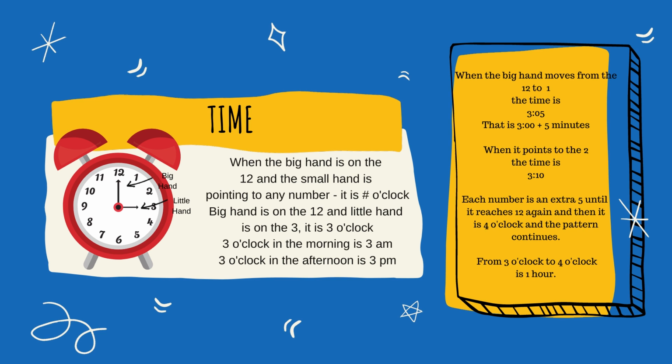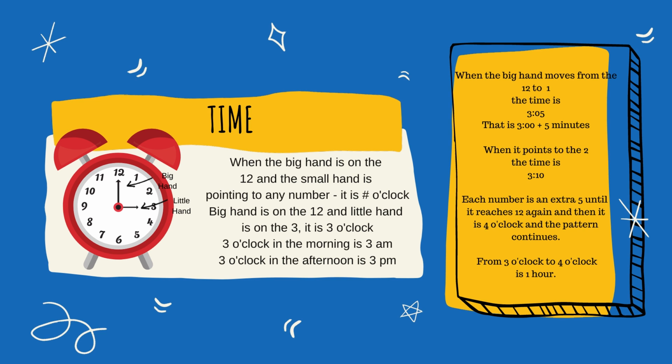When the big hand moves from 12 to 1, the time is 3:05. That's 3 o'clock plus 5 minutes. When the big hand moves past the 1 to the 2, it is 3:10.